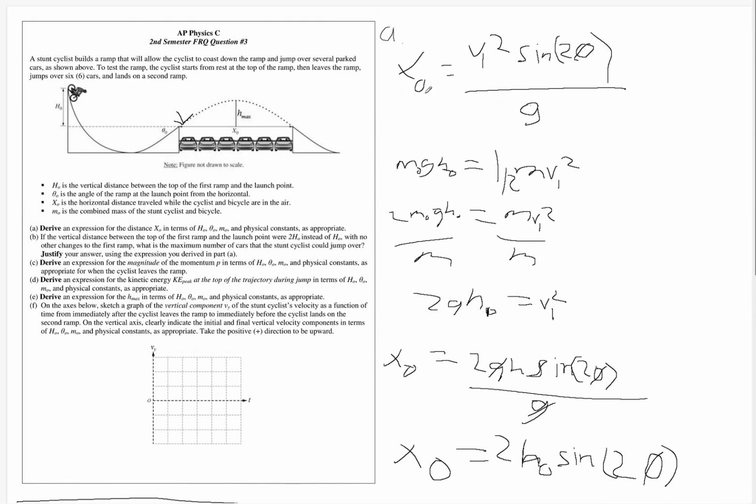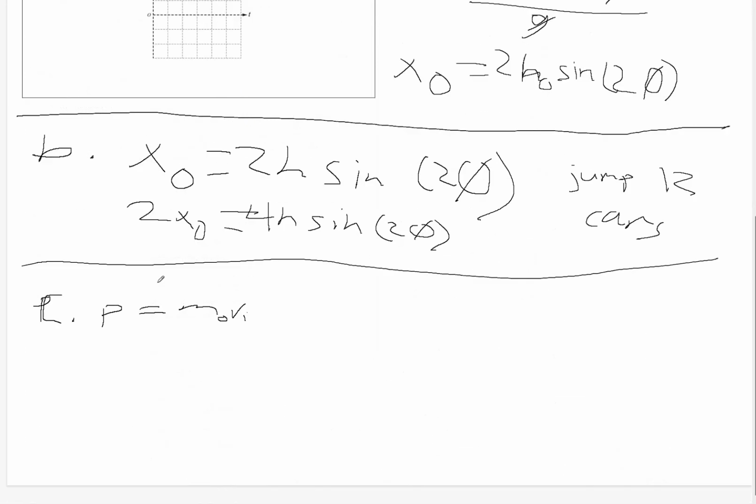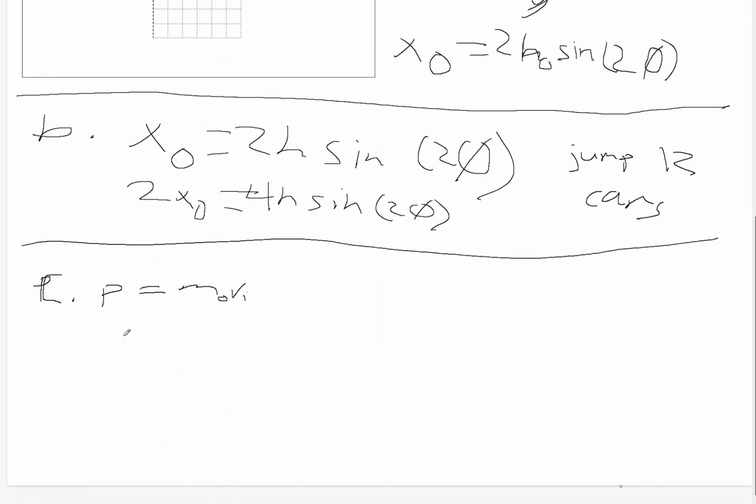And going back to part A, we said that the energy when the cyclist leaves the ramp is m g h is equal to 1/2 m v squared. So, because of conservation of energy, we can solve for vi.